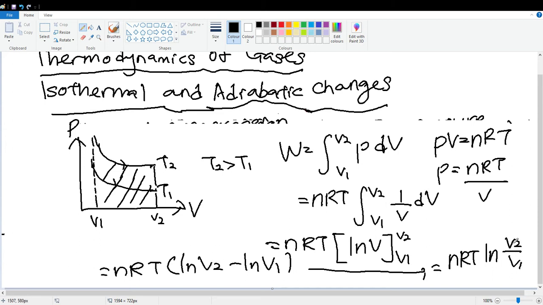We discussed this equation in the previous video. So we have done the isothermal process.